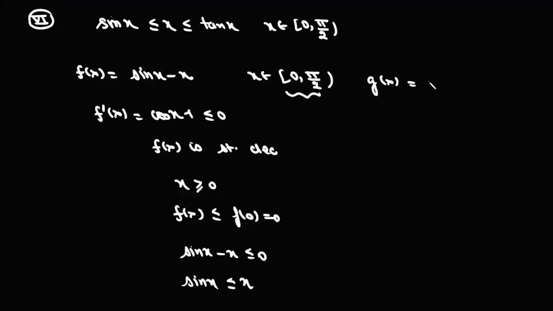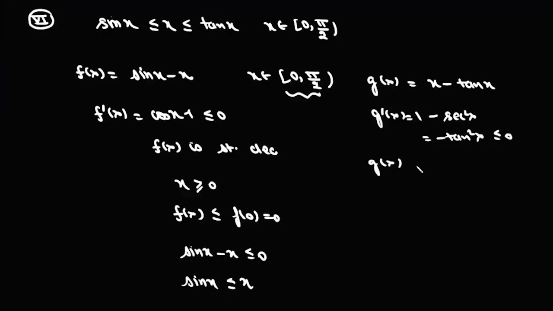Now for this next part, again we'll consider a function g(x) when x lies between 0 to pi by 2, and let that function be tan x minus x. G dash x will be secant square x minus 1, which is tan square x, again greater than or equal to 0. So this g(x) is an increasing function. So again, when x is greater than or equal to 0, g(x) is greater than or equal to g(0).